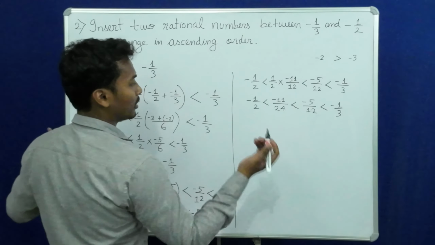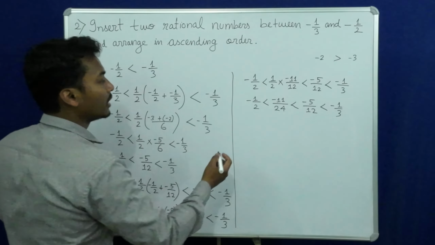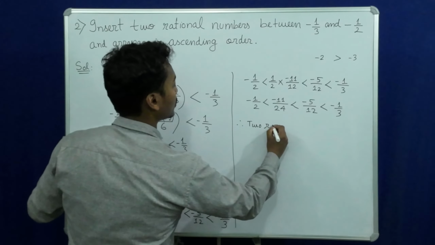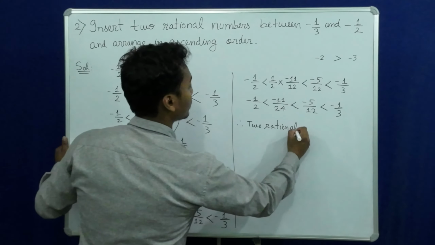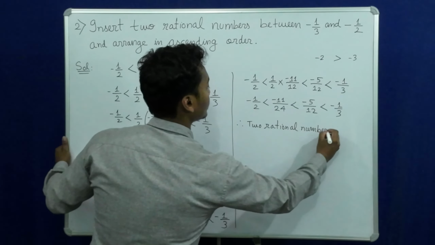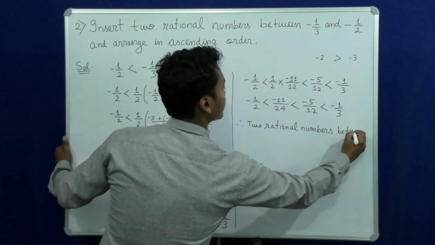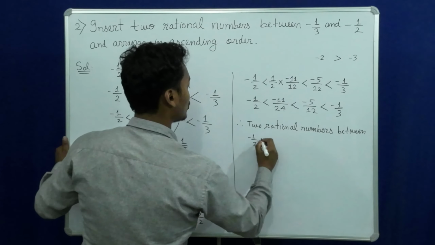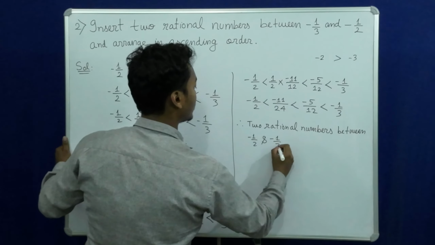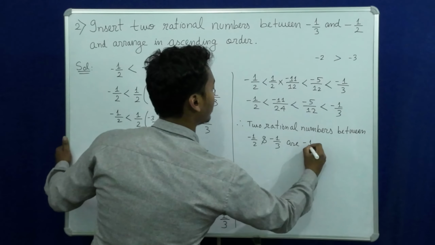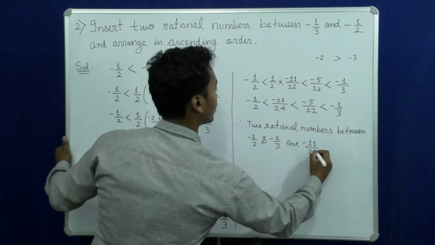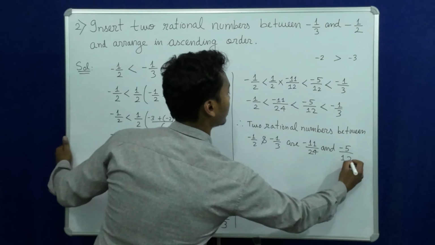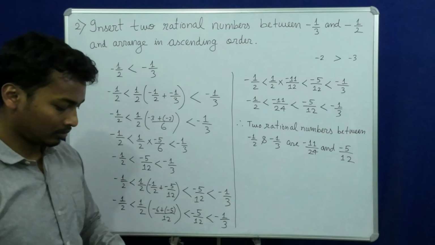So if you want, you can emphasize more on this and write therefore two rational numbers between negative 1/2 and negative 1/3 are negative 11/24 and negative 5/12. Okay.